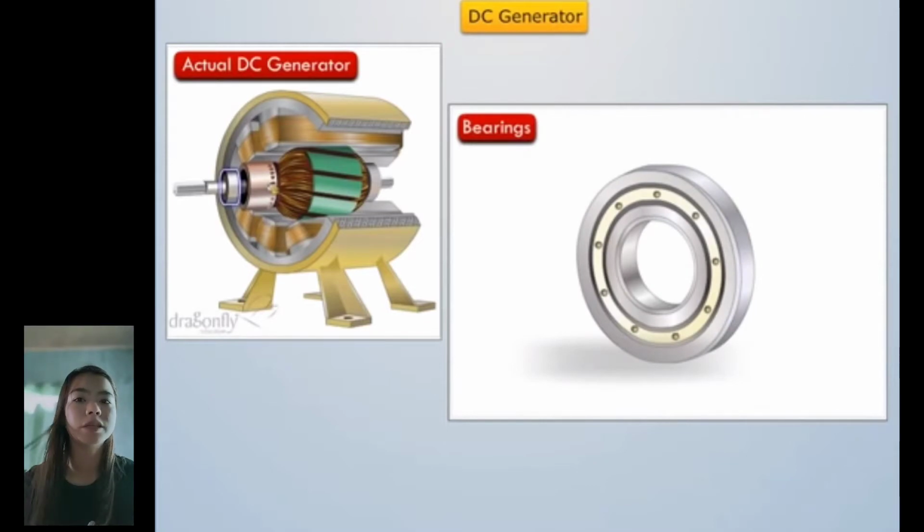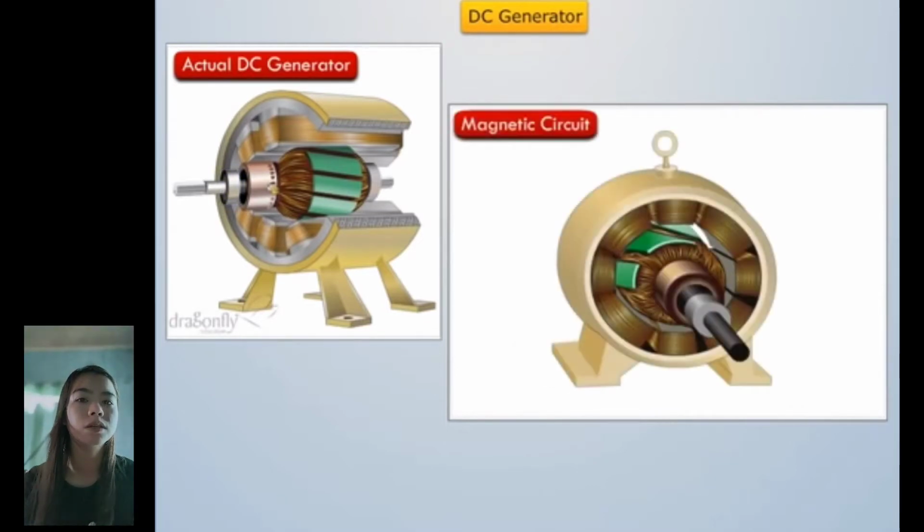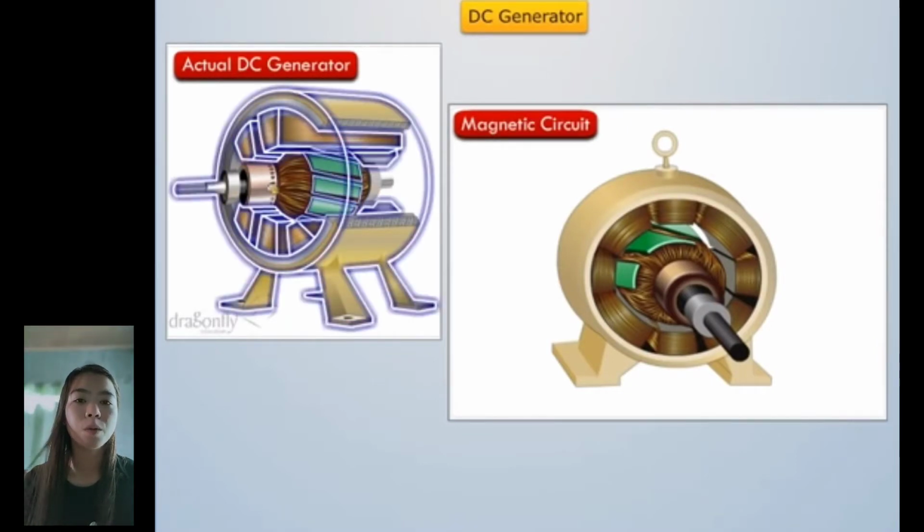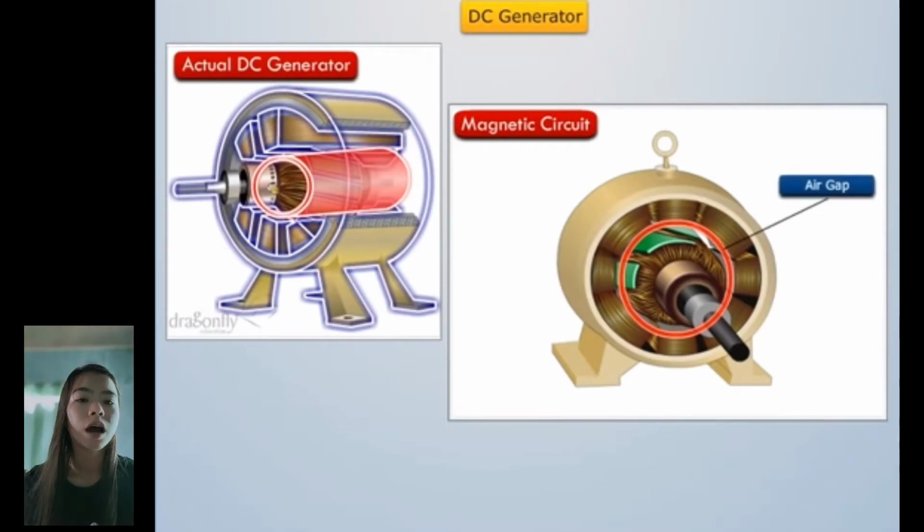The pole core, the armature core, the yoke, and the air gap between the poles and the armature core form a magnetic circuit.